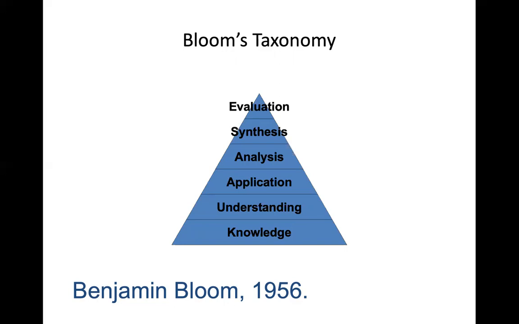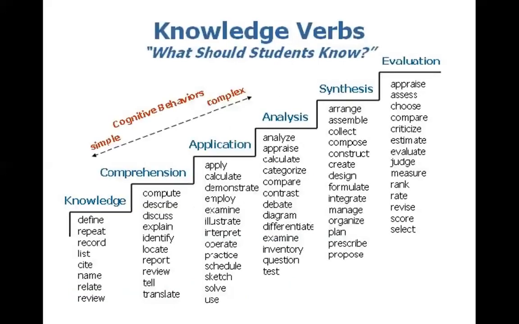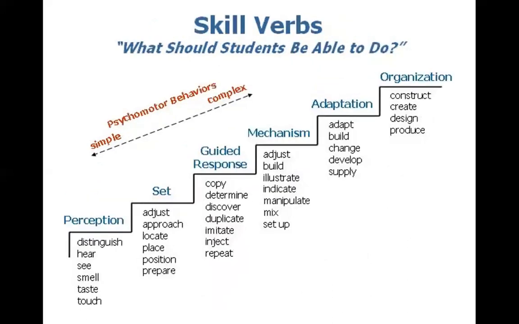He said learning can be rote learning, which is the base of this pyramid, and the highest level is evaluation. He has also given us the action verbs that can be used for these 6 different stages of knowledge assessment. He has also given the skill verbs that we can use while writing out skill objectives.